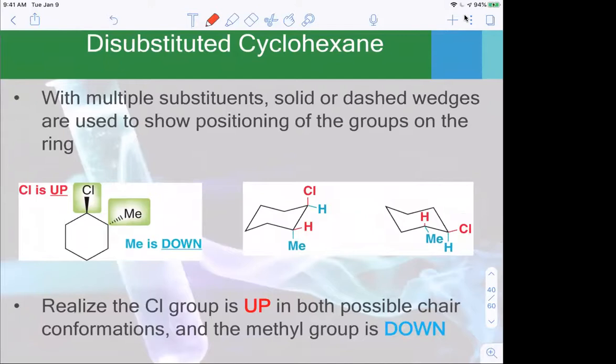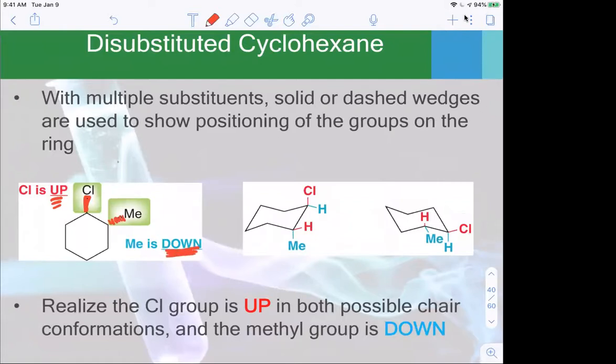A lot of times when I have multiple substituents, I'm going to use those solid or dashed wedges in order to show the positioning. By convention, when I use a bolded wedge, that's considered to be up. And when I use the hashed wedge, that's considered to be down.